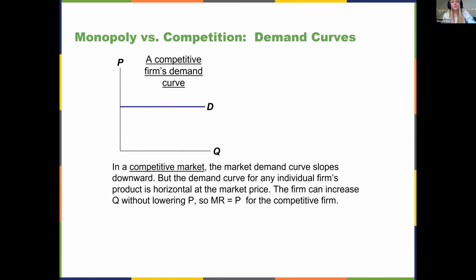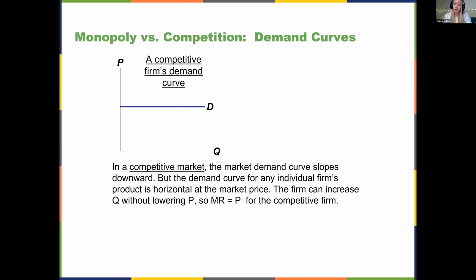So even though the demand for wheat in general is a downward sloping line, the demand curve for one specific farmer is perfectly horizontal because a competitive firm is a price taker. They have to take the market price determined to sell their product.